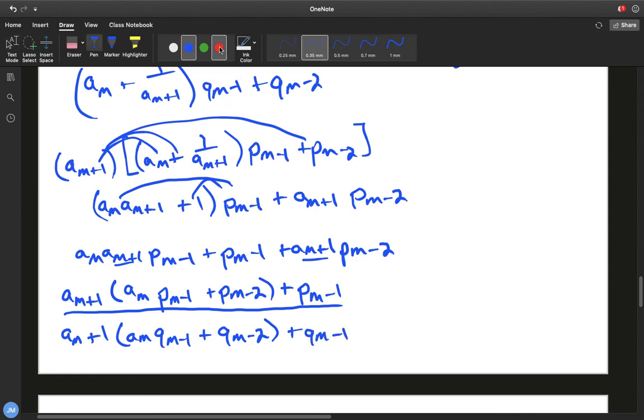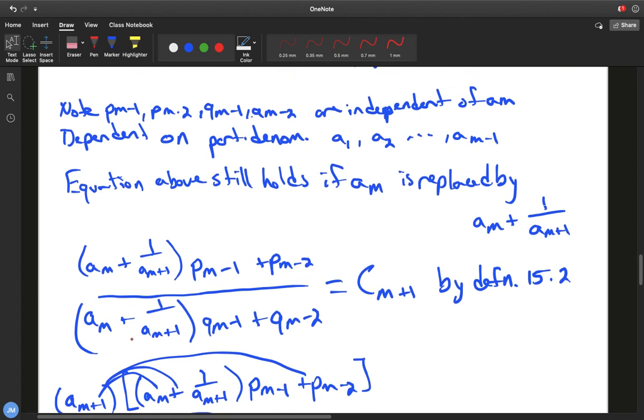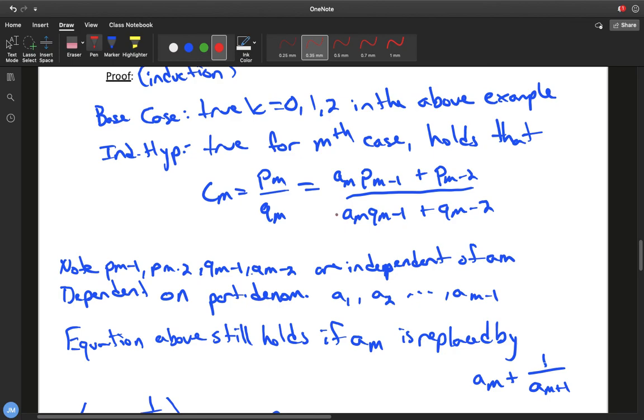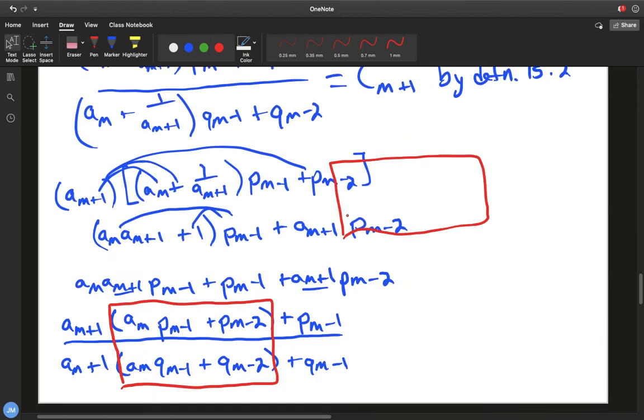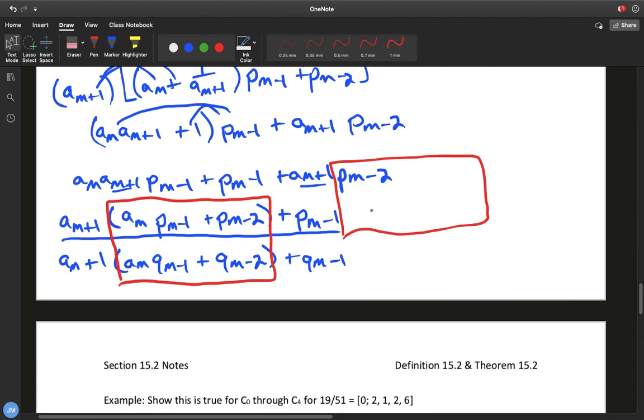Now here's kind of the key step: if you notice, what we've got in the parentheses in both our numerator and denominator is actually the same as our inductive hypothesis. So what we can say is that by our induction hypothesis, let's go ahead and get rid of that real quick. It doesn't want to go away, darn it.